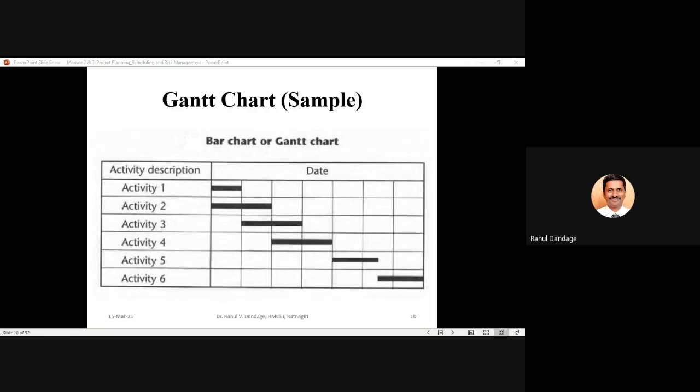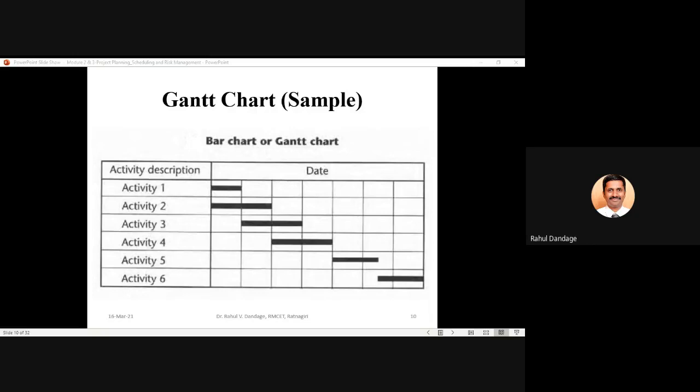In that case, each column represents 1 week. The starting point of your column is 1 and the end point is 7. The second column starts at 7 and ends at 14. So we can understand that these are nothing but the weeks of a particular month.